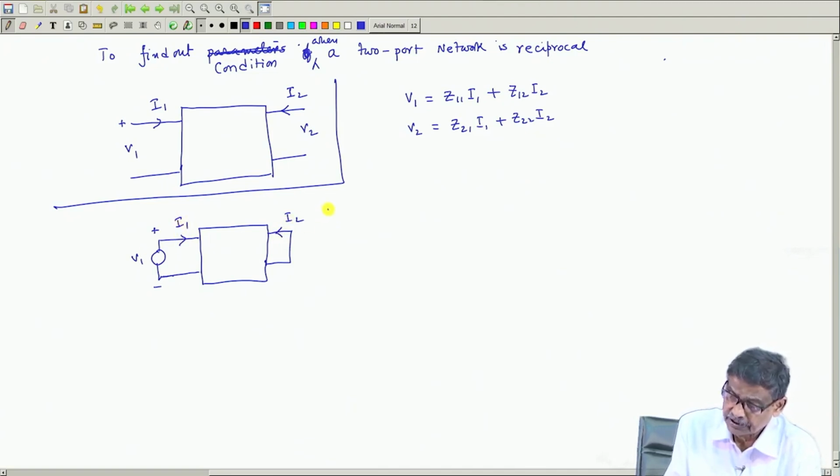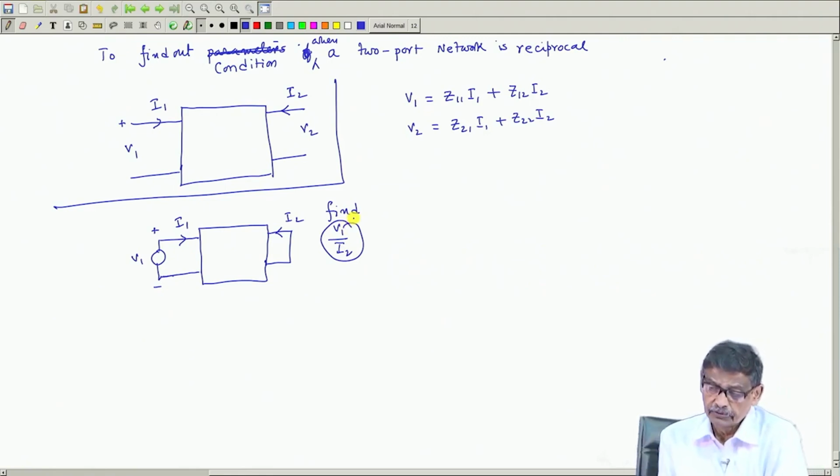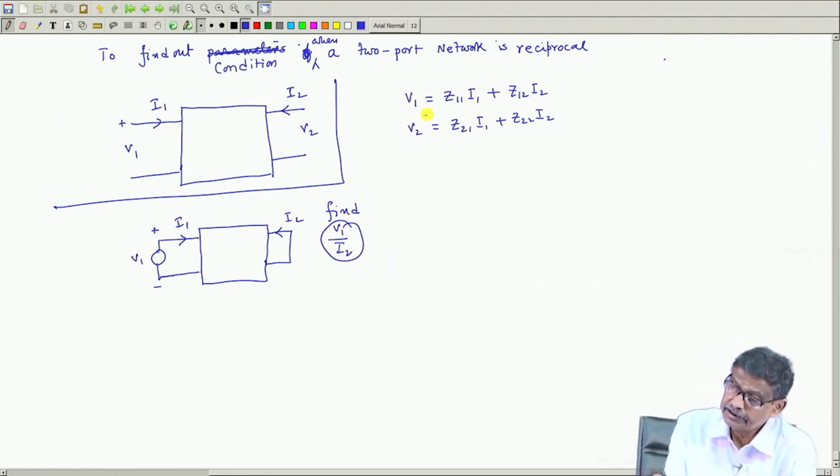And what we have to find out is V1 by I2. It is to be found out using these general expressions, but under this condition of this experiment, V2 is 0.